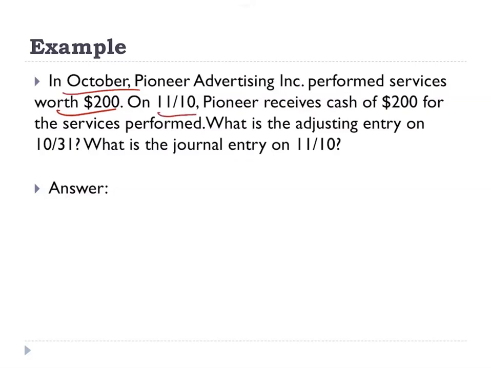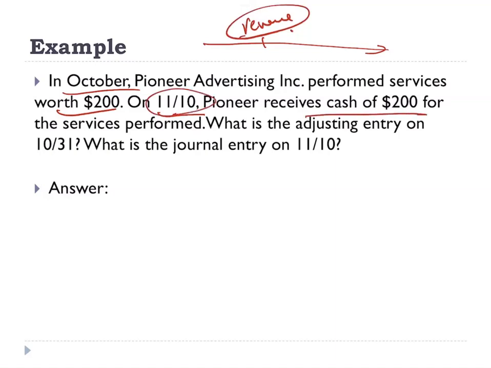And on November 10th, the service is already performed. And this is when the firm can recognize revenue. However, the cash is not received until November 10th. So what is the adjusting entry at the end of October? And what is the journal entry on November 10th?